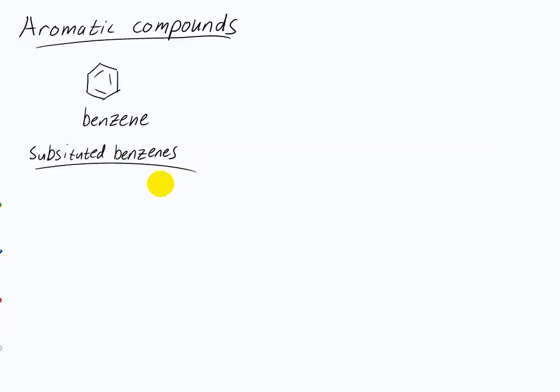It's generally considered incorrect to name these in a different way than these common names. We'll just do it generally. We'll say an R here. So these are all substituted benzenes, meaning benzene with one thing coming off in one spot. And we'll set up a little table here.